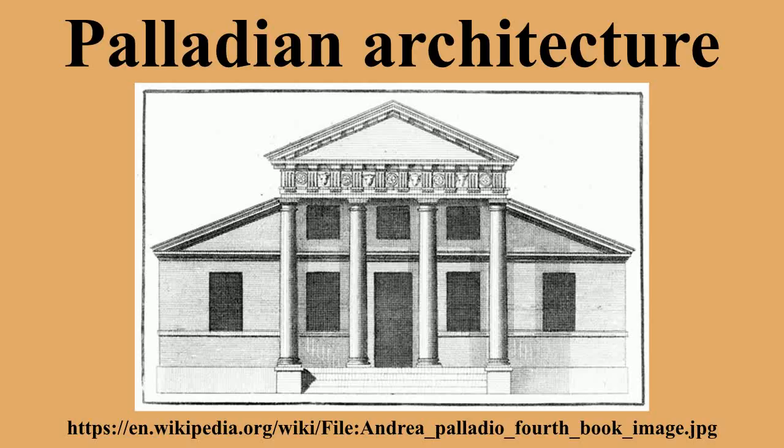Hoban, born in Callan, County Kilkenny, in 1762, studied architecture in Dublin, where Leinster House was one of the finest buildings at the time. The White House is more neoclassical than Palladian, particularly the south facade, which closely resembles James Wyatt's 1790 design for Castle Coole, also in Ireland.